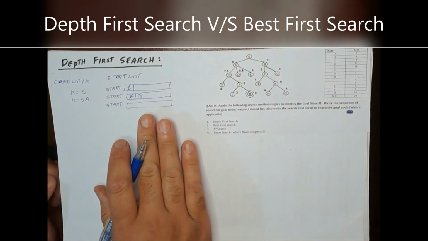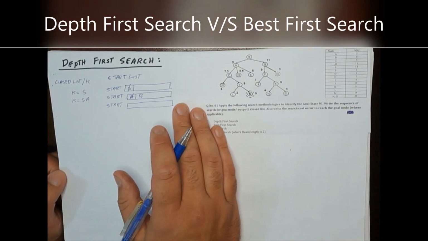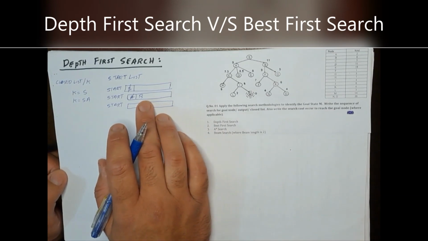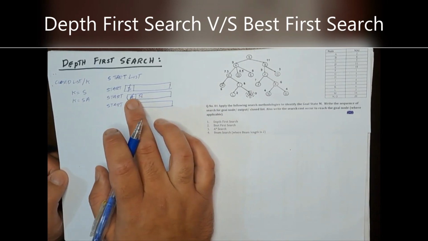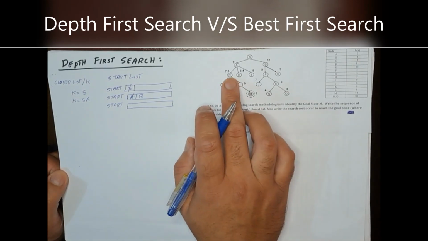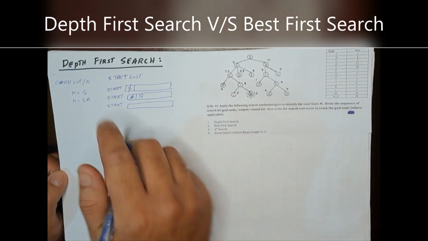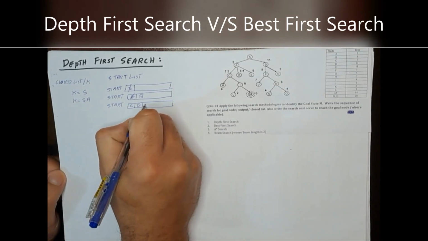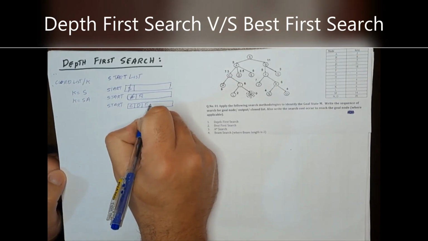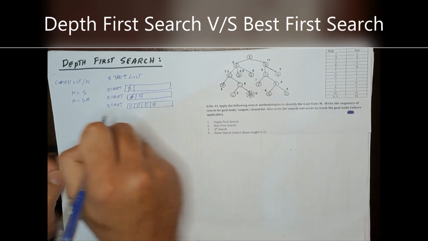That means last in first out. So it means the children of this node a will come at the beginning of the list. So a has three children, C, D, E. So it will come like this, C, D, E, and B will stay here at the end.